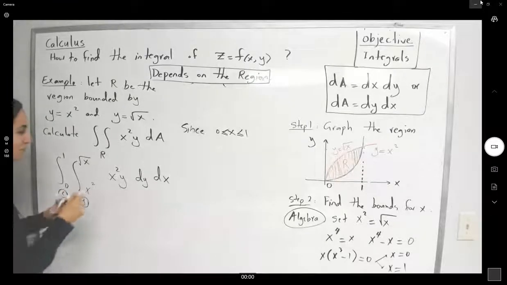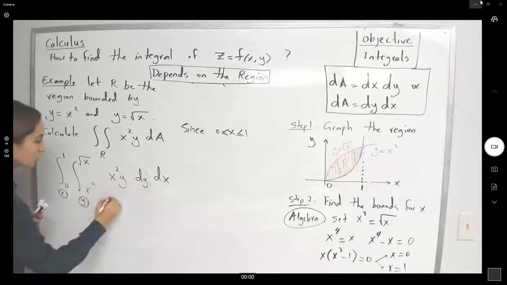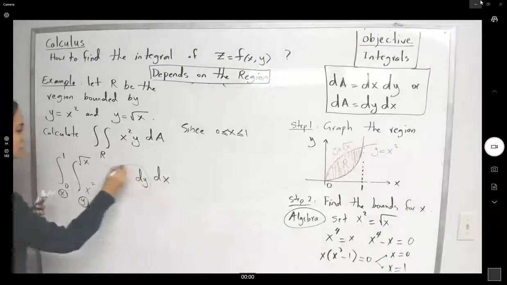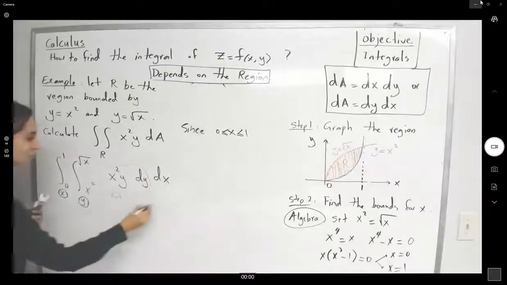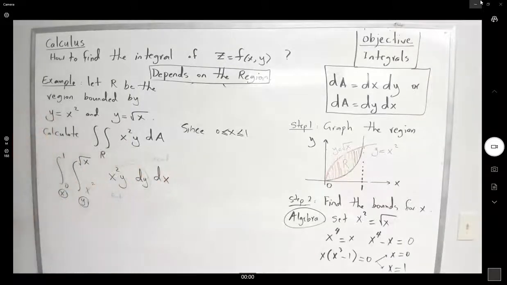First, take the integral with respect to y. This is your first integral. Then take the integral with respect to x. This is your second integral. Okay, one by one.